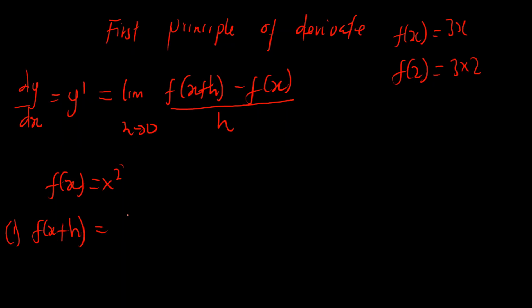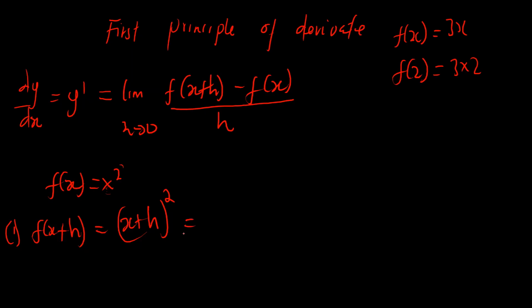So we are going to have x plus h all squared. We are just basically putting this in place of x. So x plus h becomes one variable which we are putting into x over here. And then we square it, right? We can expand this, right?